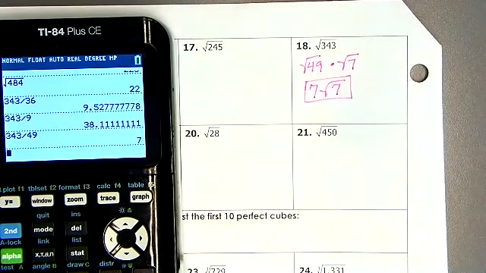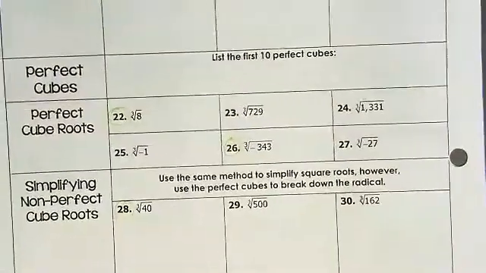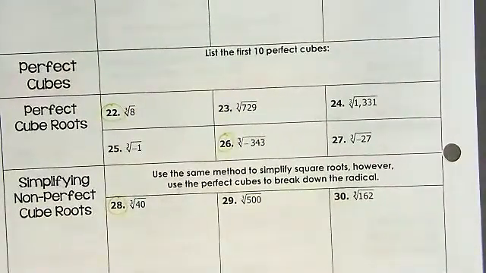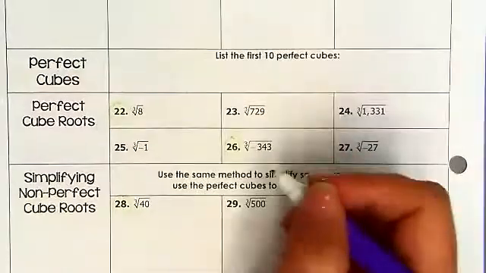Okay, now we're going to move on to cubed roots. We're going to start by listing the 10 perfect cubes, because you can use this list. You normally don't go above that, especially at this point.